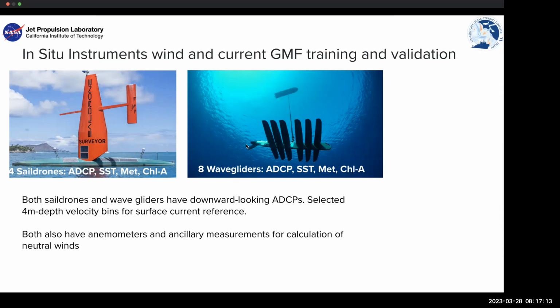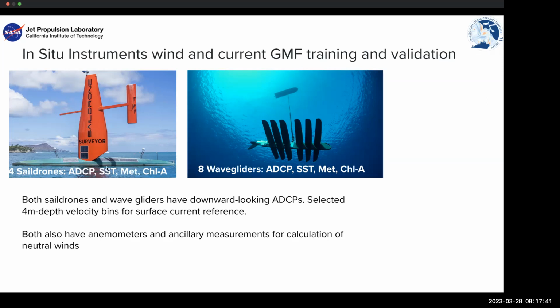In the last experiment, we had 4 sail drones and 8 wave gliders, and they provide ADCP and SST. They also have meteorological data sufficient to invert for neutral winds. The main disadvantage, or advantage, that they have is that they have downward-looking ADCPs.